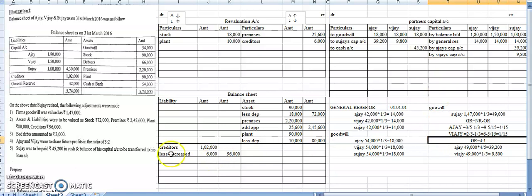Okay. So we have solved this adjustment. One adjustment is remaining, that is bad debt amounted to rupees 3,000. So bad debt is always calculated on debtors. Remember this. Bad debt is always calculated on debtors. So I am writing the amount of debtors. The amount which is given in balance sheet, 66,000 in internal column.